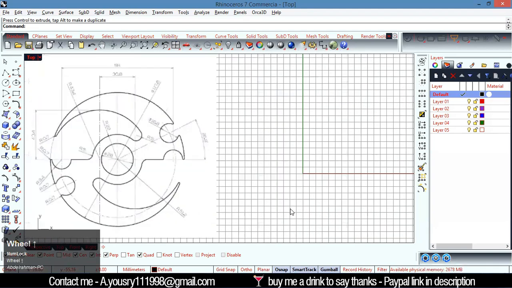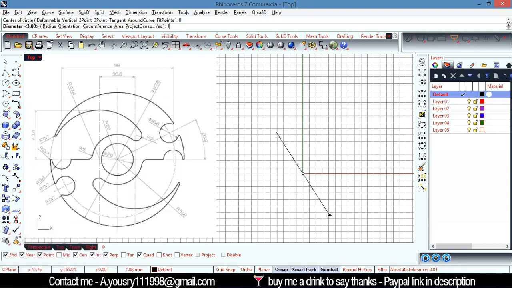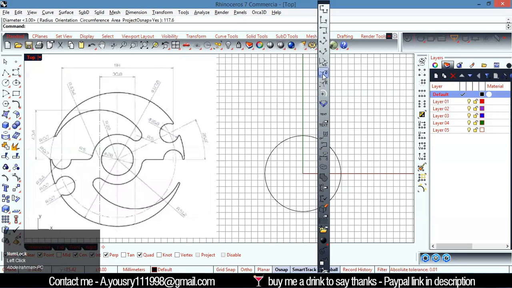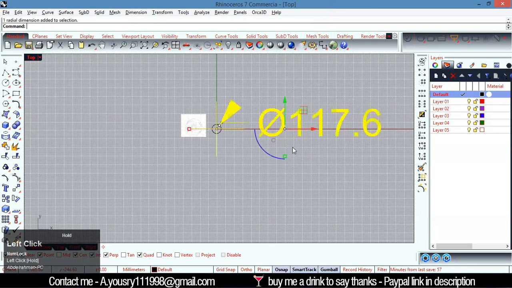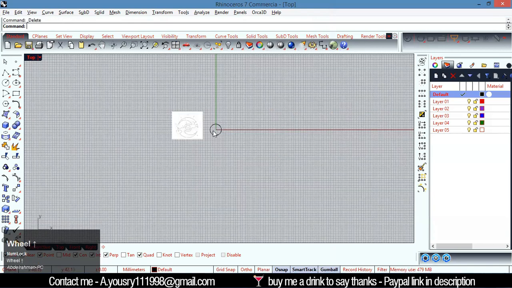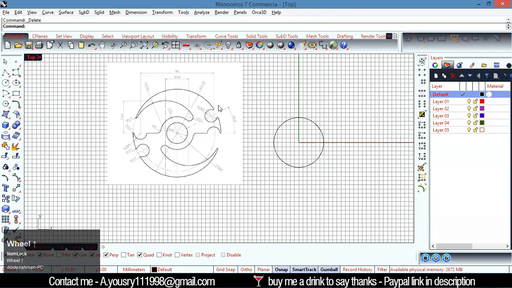So I'm going to draw a circle here at the origin, 117.6. Is it the diameter or the radius? I need to know that, so I go to the dimensions, diameter. The diameter is 117.6.